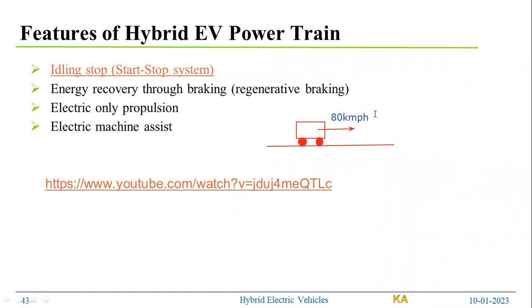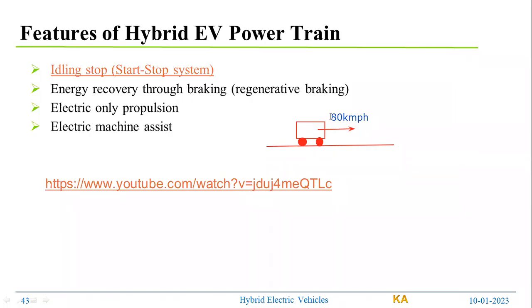If I don't have a braking mechanism, how much distance will the vehicle travel? It may travel not only tens of meters, it is hundreds of meters. Approximately, it may go and stop around 2 kilometers.